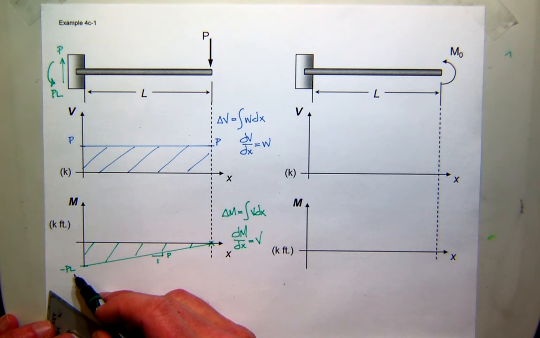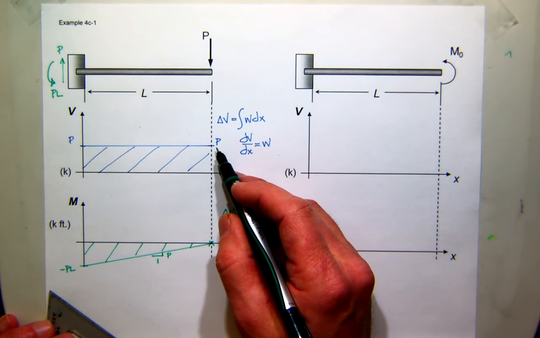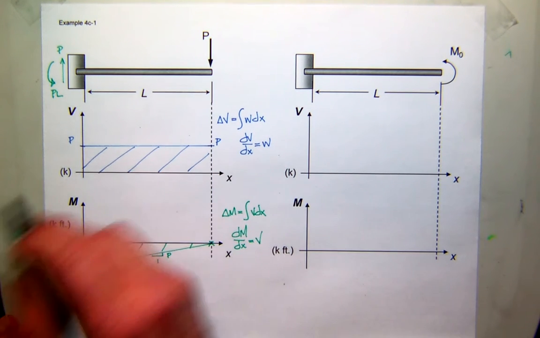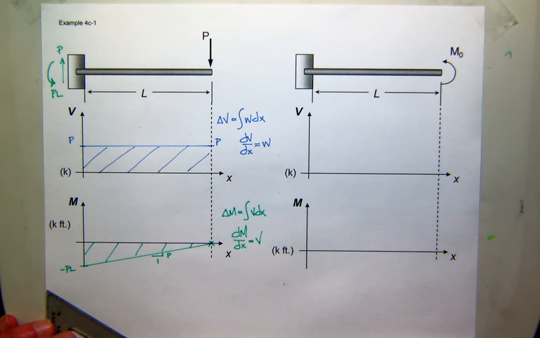Minus PL, where does it occur? Fixed connection. What's the maximum shear? P, where does it occur? Everywhere. You'll be happy if you get this problem on the exam. I can't guarantee your happiness right now.